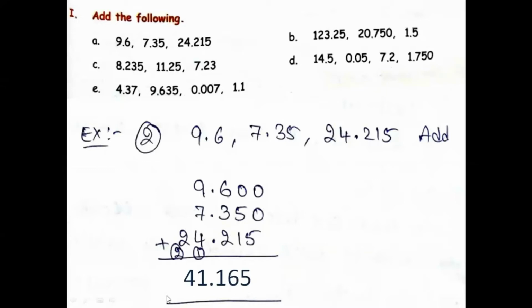Put the decimal point after the 3 decimal places. That is 5, 6, 1. 3 decimal places. Place the decimal point. Now, 41.165.